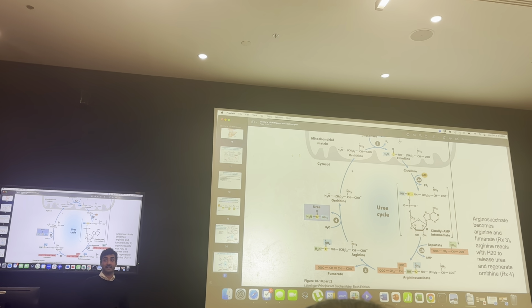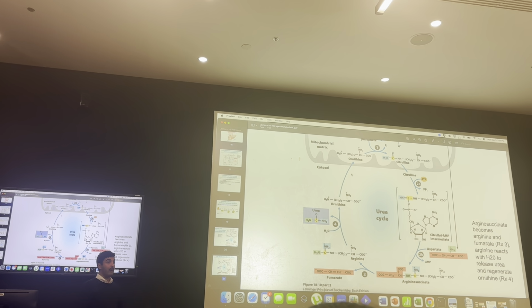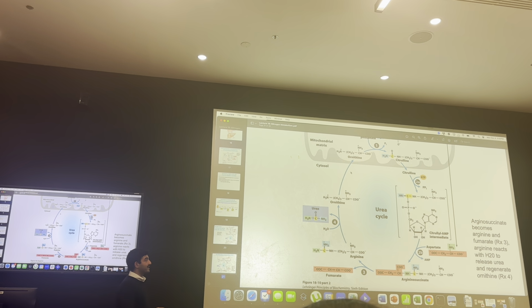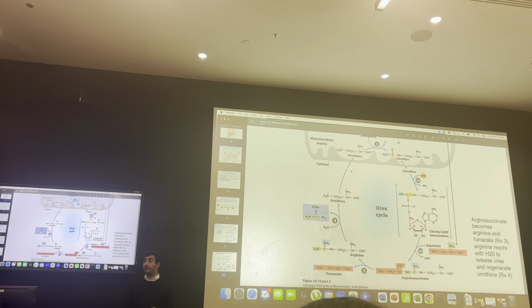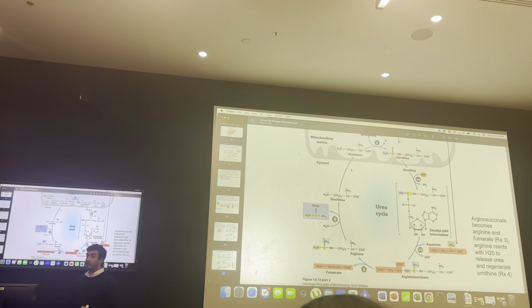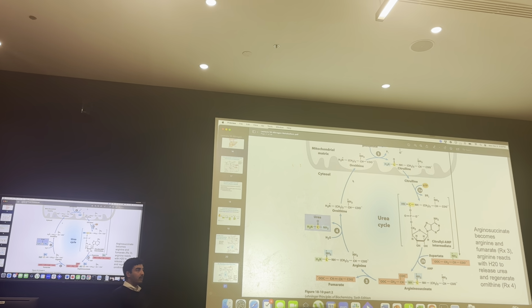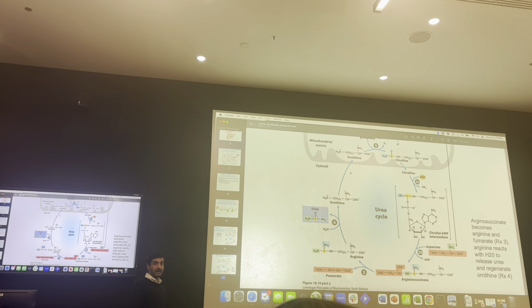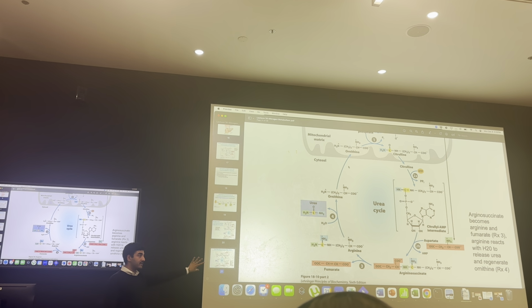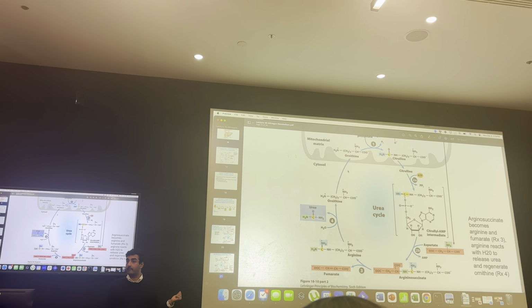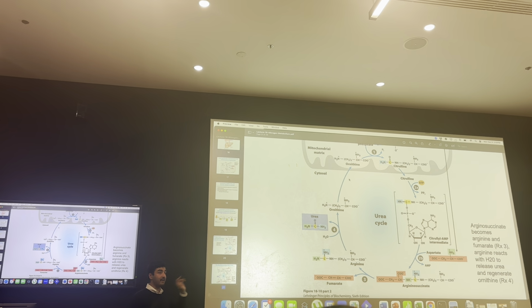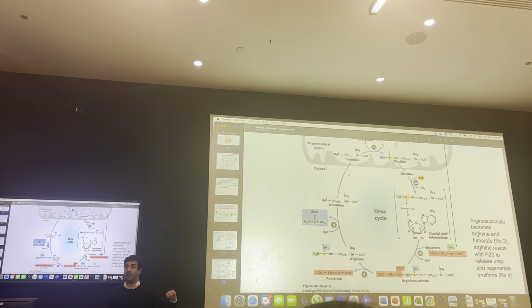So in both steps, you're energizing an amino acid. In this case, you're energizing citrulline. In the case of the aminoacyl transferase, you are energizing any given amino acid by making that amino acid AMP intermediate. So two cases where you're energizing an amino acid. In both cases, you're attaching on the AMP molecule.